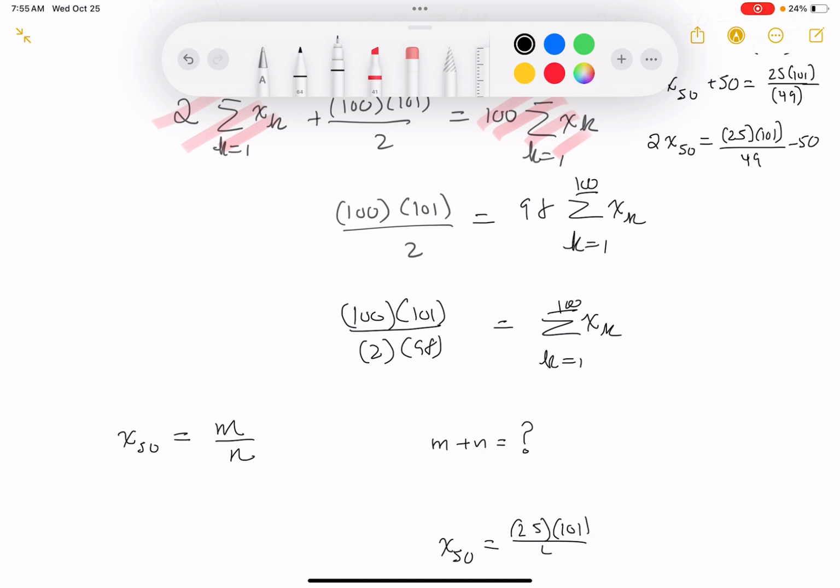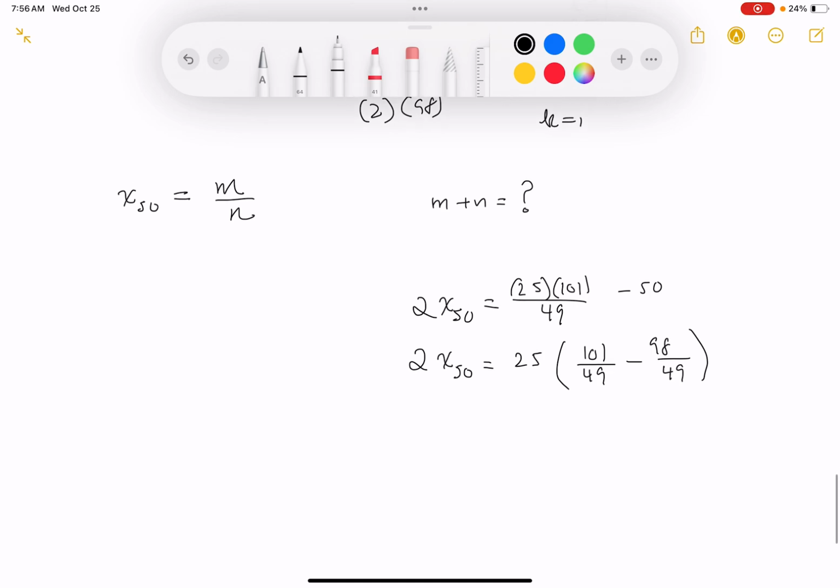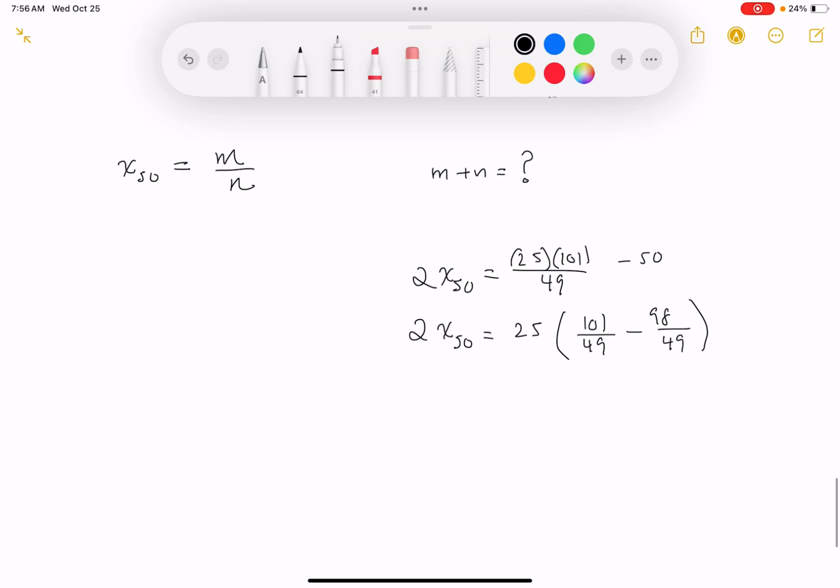You may wonder why. I'm looking for something easy to do. And that's a 2 there. I'm going to factor out 25. And you get 101 over 49 minus 2. Well, I want to write in terms of 49, so it'll be 98. All right, again, 25 from 50 is 2, and 98 over 49 is going to be the 2.